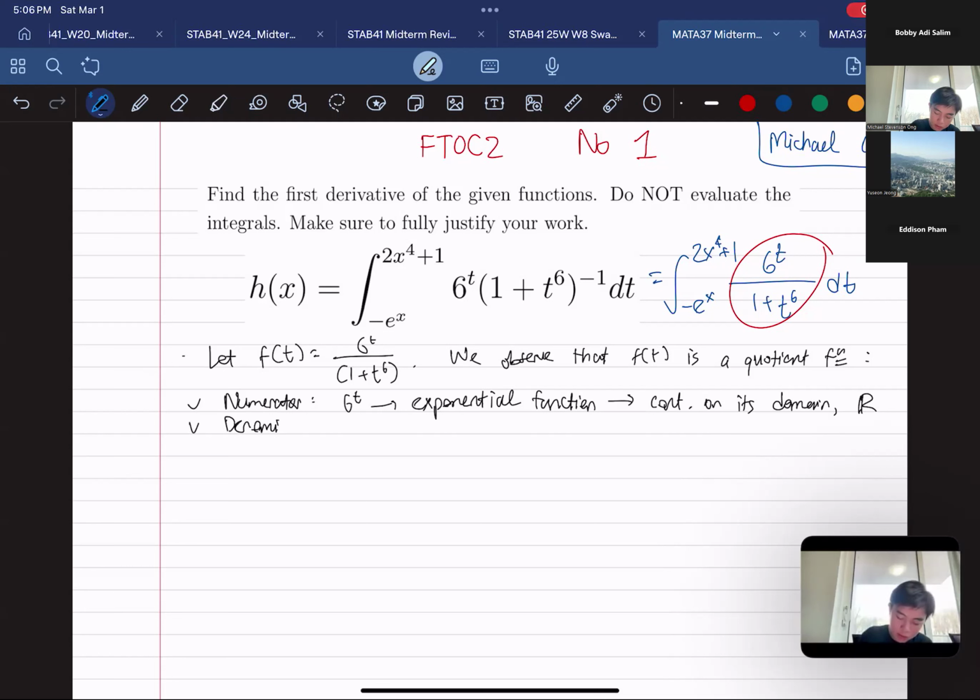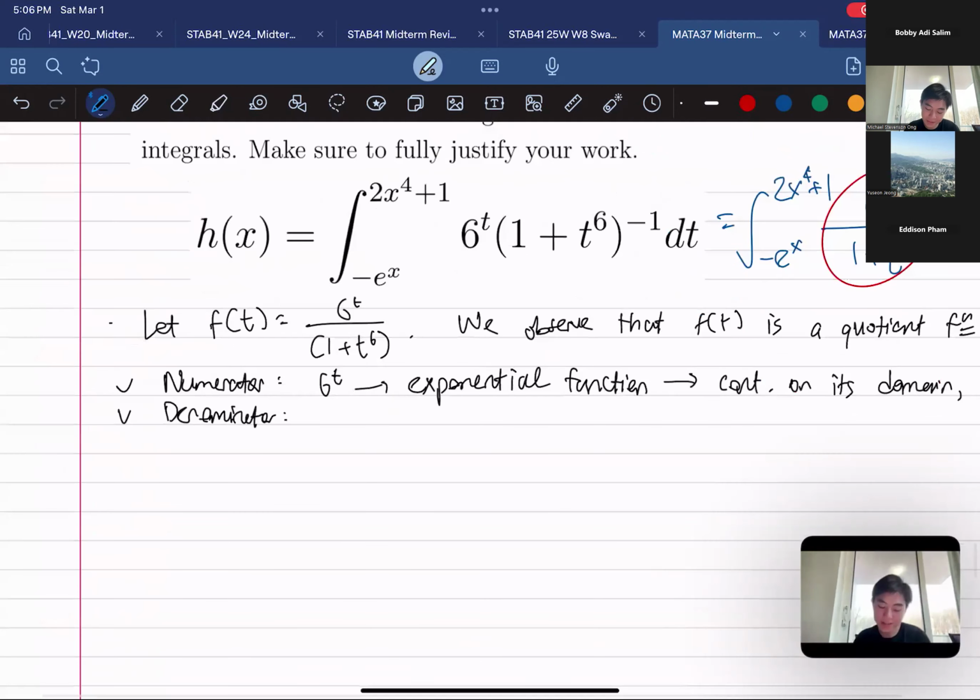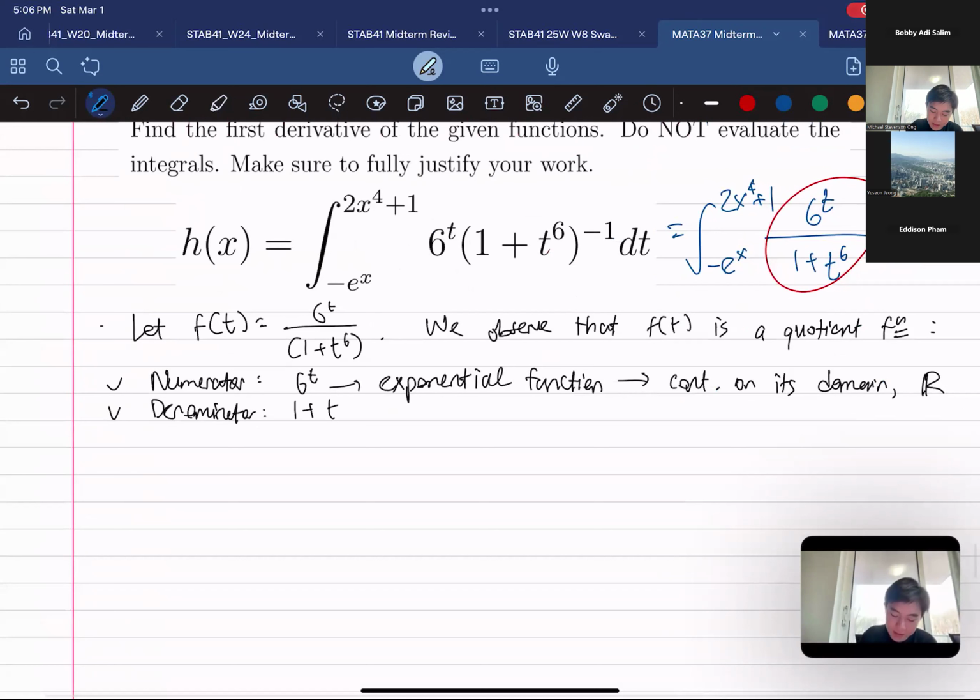And our denominator, sorry, I'm writing kind of quickly because we're running short on time. We have 1 plus t to the power of 6. We can call this a polynomial function. And again, it is continuous on its domain.